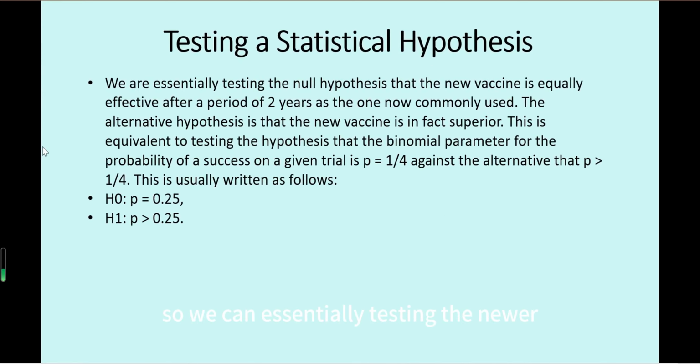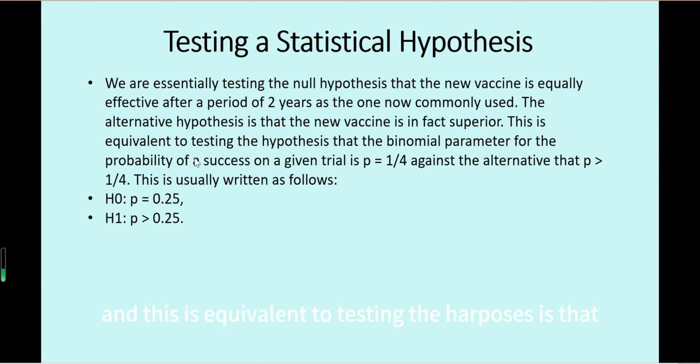So we are essentially testing the null hypothesis that the new vaccine is equally effective after a period of 2 years as the one now commonly used. The alternative hypothesis is that the new vaccine is in fact superior.